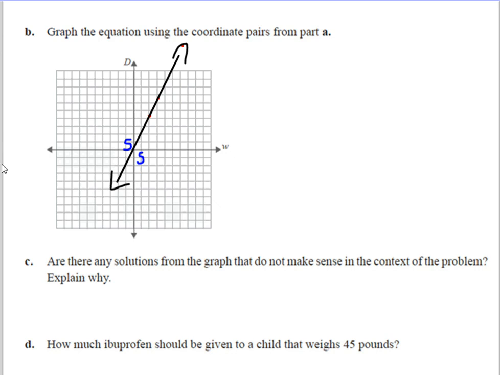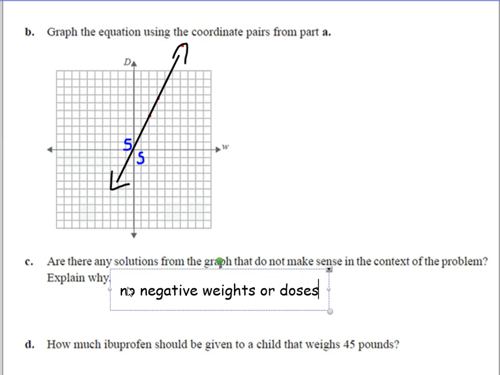Again, are there any solutions that don't make sense according to our story problem? We're not going to have negative weights or doses. So again, we would stick to quadrant 1 for answers that make sense in the context of the story problem.